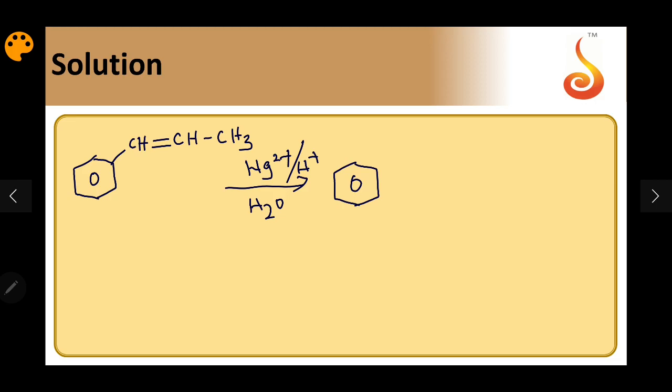So Markovnikov addition means the positive charge is more stable at the benzylic position. So I'll get OH here and CH2, CH3 here. Now the next step is PCC. So the alcohol becomes a ketone.